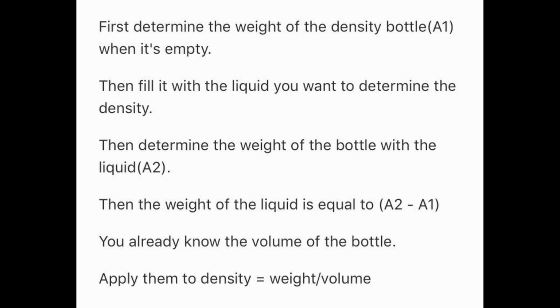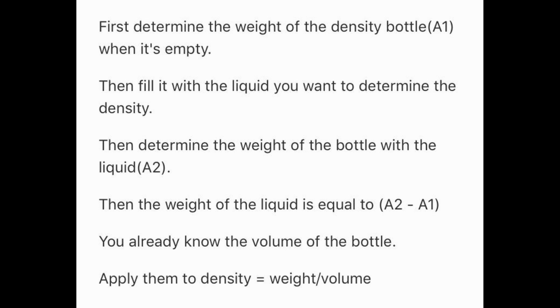So first we have found the mass of the empty bottle, that is A1. Now we are going to find the mass of the bottle plus the liquid inside it, and let it be A2. Now to find the mass of the liquid only, what will we do? We will subtract A1 from A2.